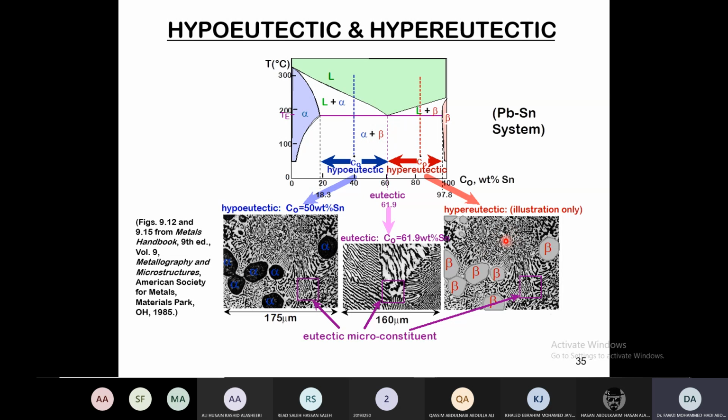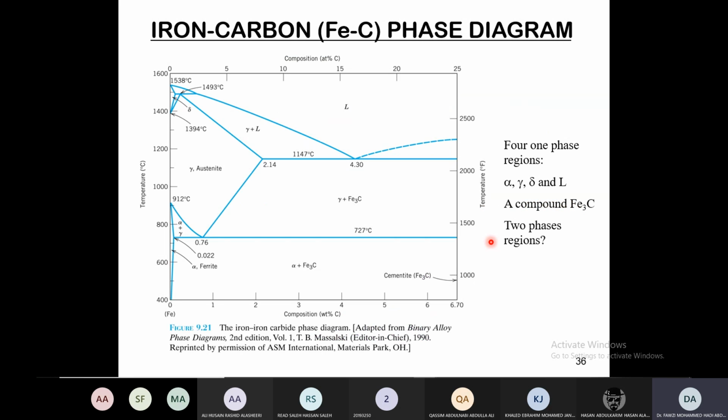Very similar to the previous case, but in this case the primary beta has formed instead of the primary alpha, and this is called the hypereutectic microstructure. So we basically divide the development of the microstructure into these main compositions. In the binary eutectic phase diagrams, you will be developing different ones.